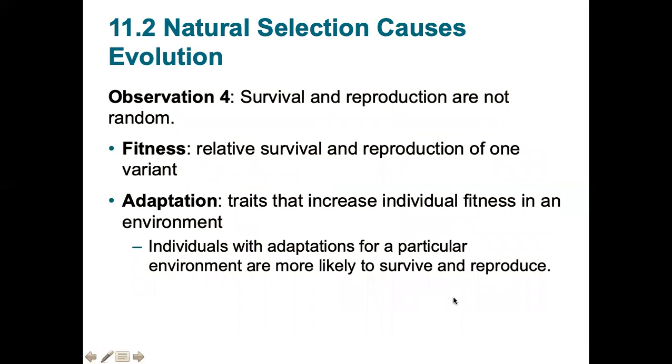So some of the terms when we're talking about the ability to reproduce and pass on those genes, we're talking about fitness. So we're talking about that relative survival and reproduction of that individual against the population. And then the population is going to all gain that individual trait.